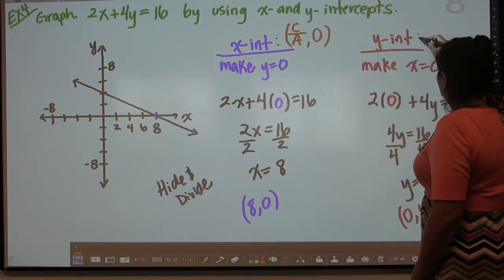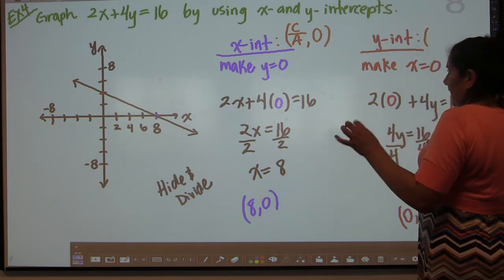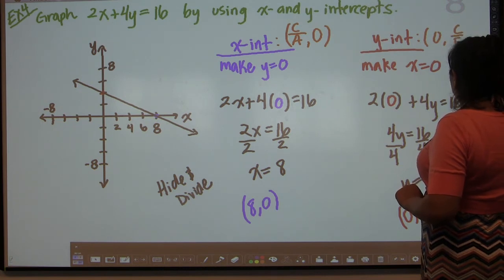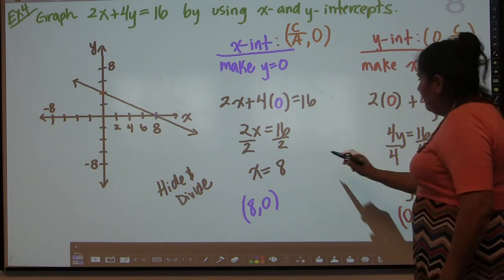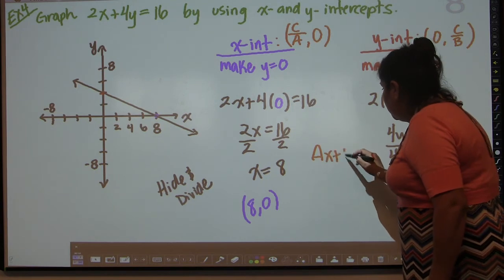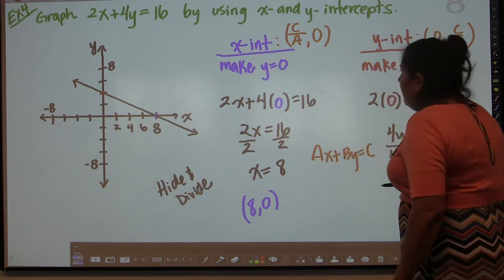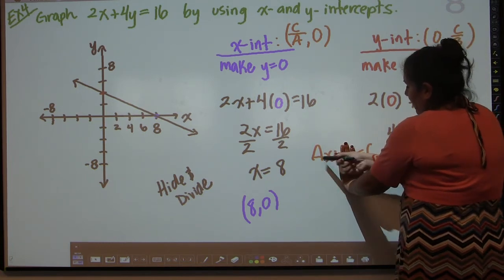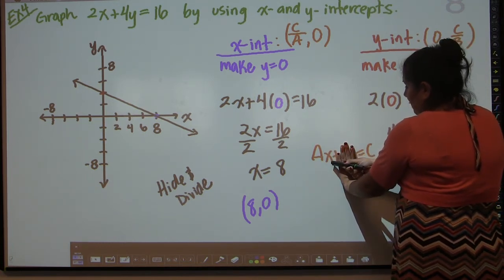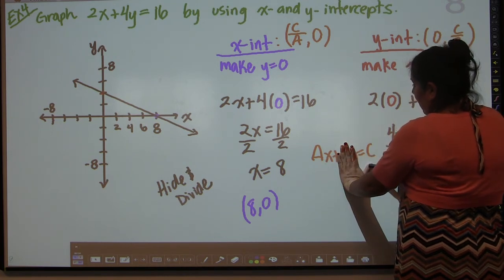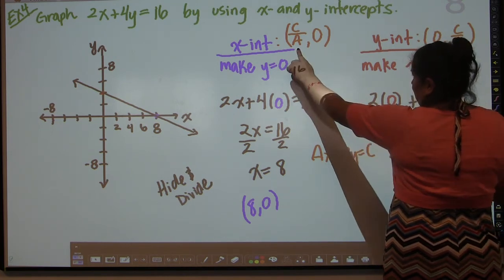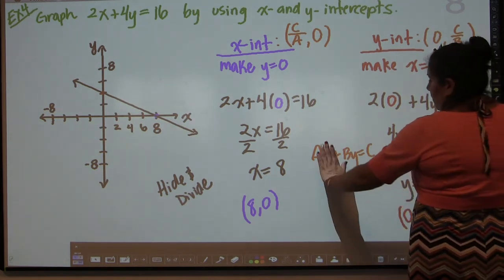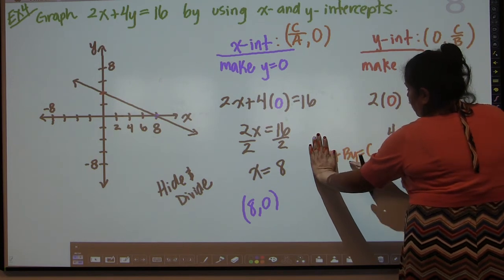And over here, for the y-intercept, to summarize, using the a, b, and c, we're going to get 0 and c divided by b. Okay, and again, this is based on ax plus by equals c. I don't want to confuse anybody. But if I make y 0, then I'm going to hide the b, and I'm going to get ax equals c. So to solve for x, I'm going to divide by a, so hence c divided by a. That's going to be my x coordinate, c divided by a. In the case of the y-intercept, I'm going to cover the x with a 0, so that's going to be hidden, and I'm going to get by equals c.